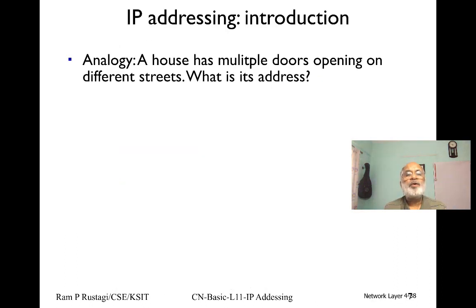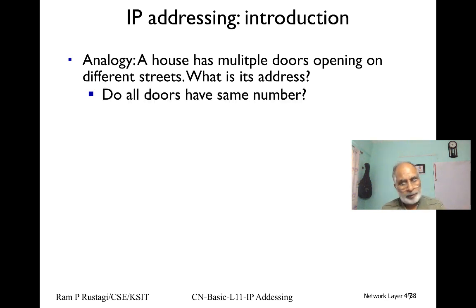So primarily if we look at how the address looks, the address follows a hierarchical scheme. Let's say consider your house where you live, and let's say one door opens on third main, another door opens on, let's say, fourth cross.